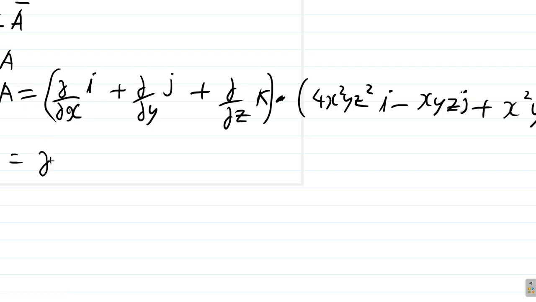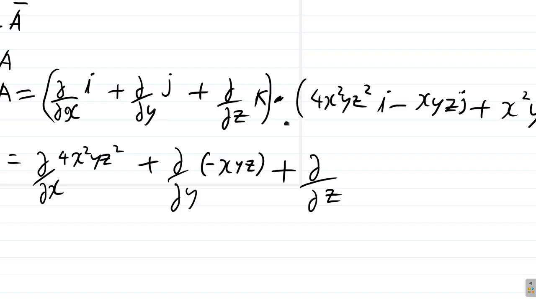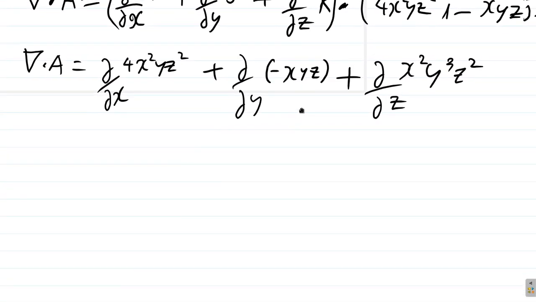So it's going to be the partial by partial x of 4x squared y z squared, plus the partial by partial y of negative x y z. There's no j, no directions, it's going to be a scalar. Then the partial by partial z of x squared y cubed z squared. Good. So we have that.